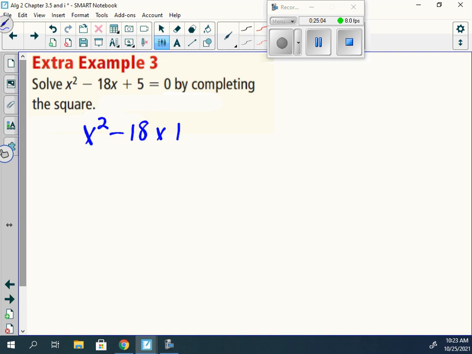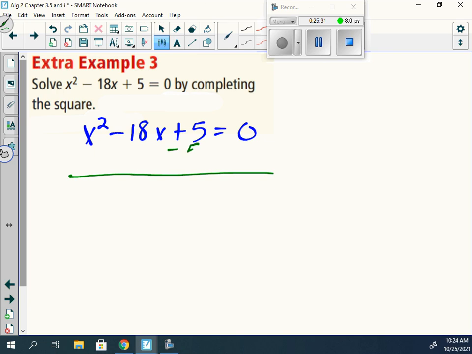We have this here. Now, is a equal to 1? Yes. Now, x squared minus 18x plus 5 is not a perfect square trinomial, so we need to do some moving.